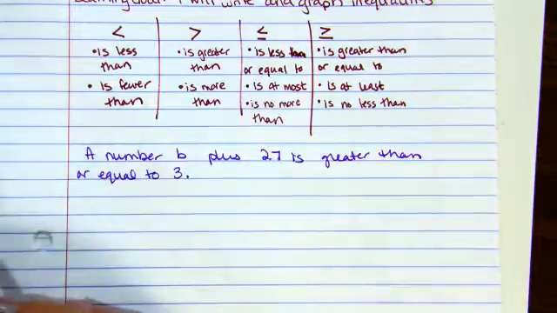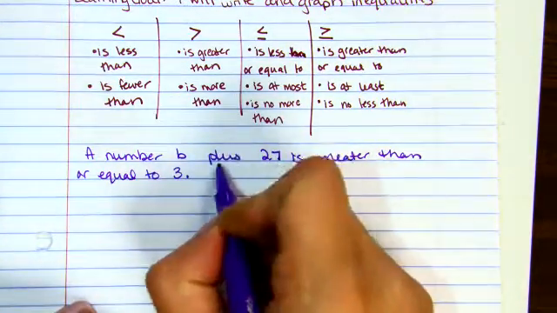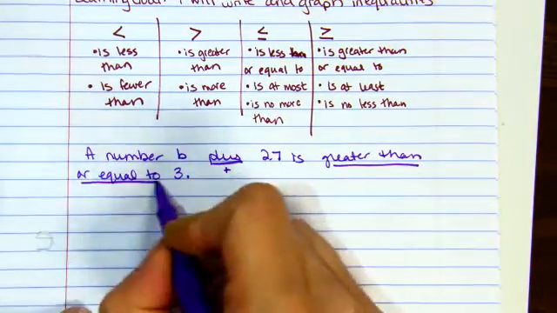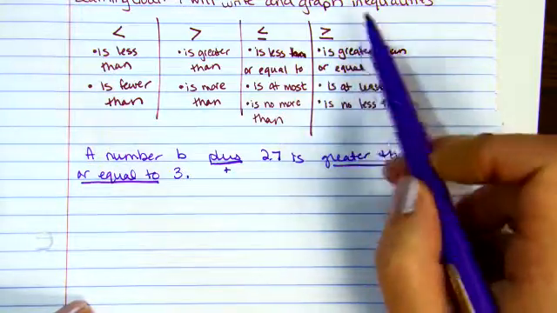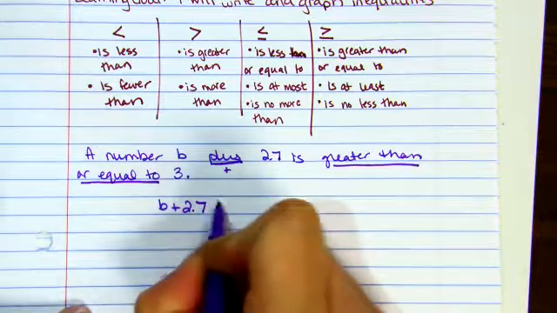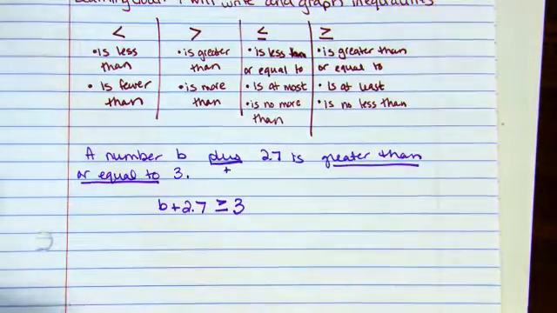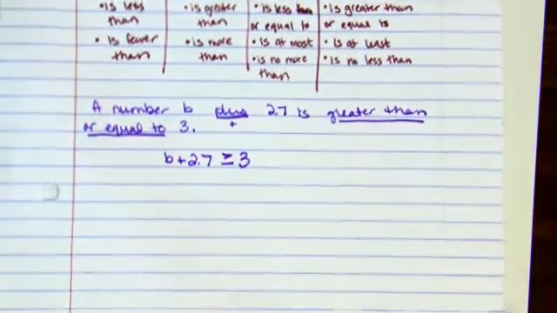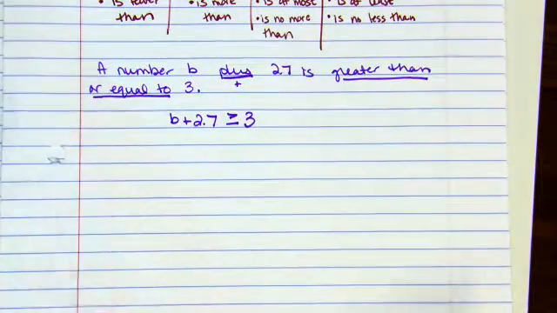And I want to write this as an inequality. This one is pretty much laid out right here for us. Plus means addition, and then greater than or equal to is going to be this guy right here. So b plus 2.7 is greater than or equal to 3. So that's how I'm going to just start this section out, is by writing the inequalities based on the words.